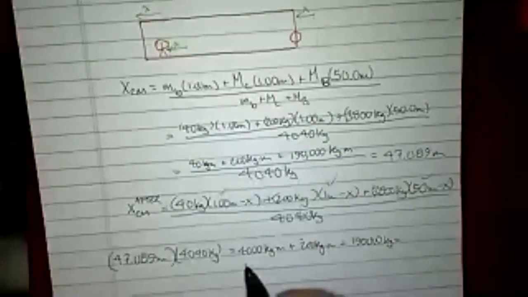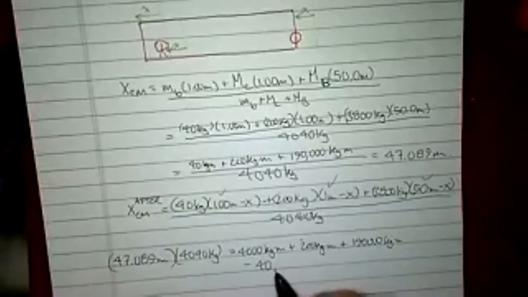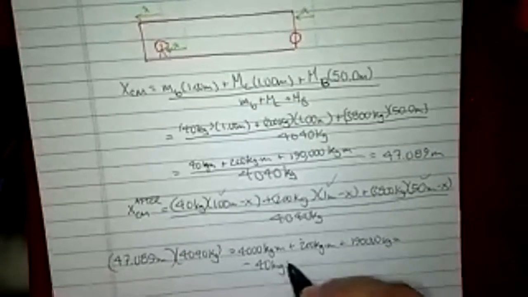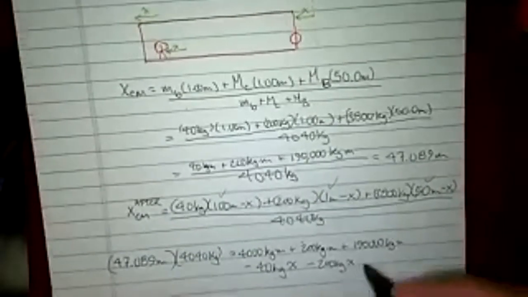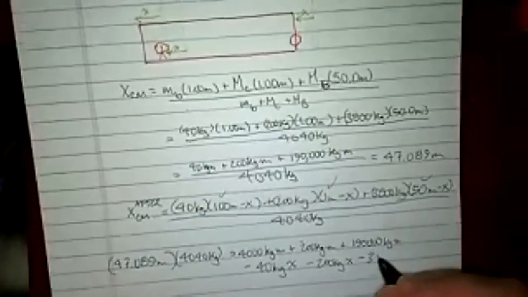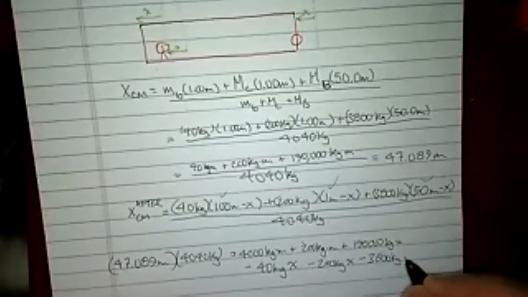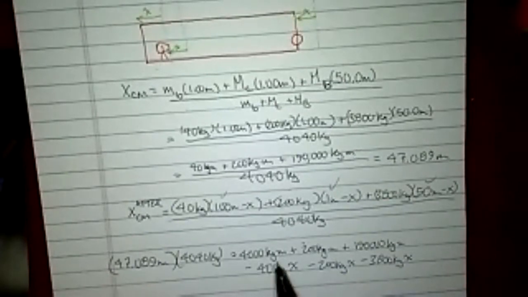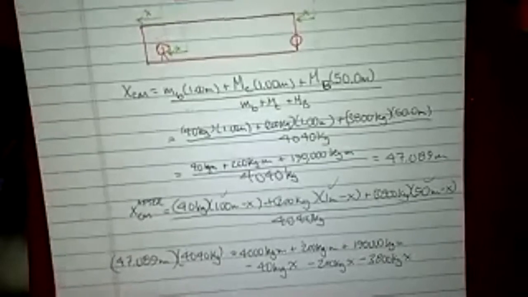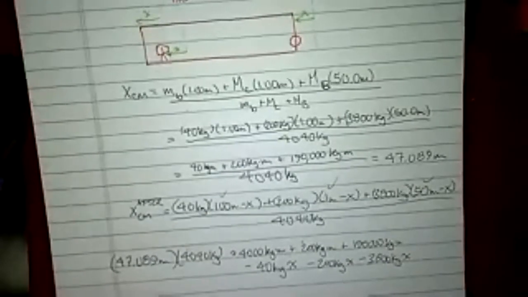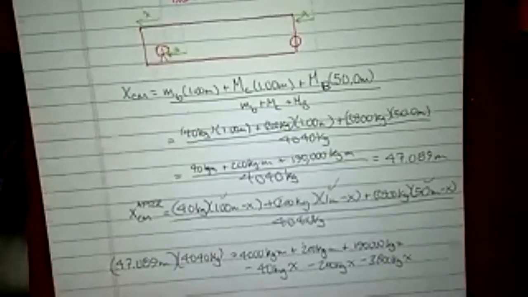So that'll be minus 40 kilograms times x, minus 200 kilograms times x, minus 3,800 kilograms times x. So what I've got to now do is subtract 4,000, 200, and 190,000 from this product. And that product turns out to be 190,240 kilogram meters.